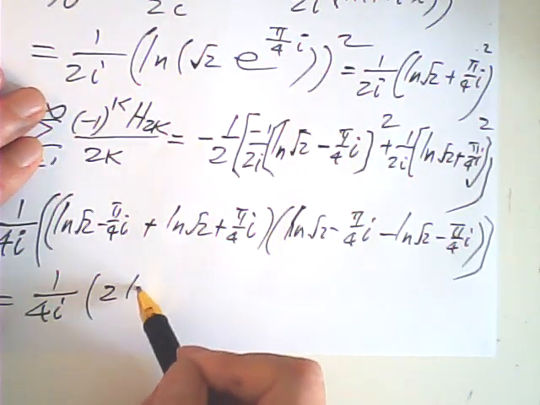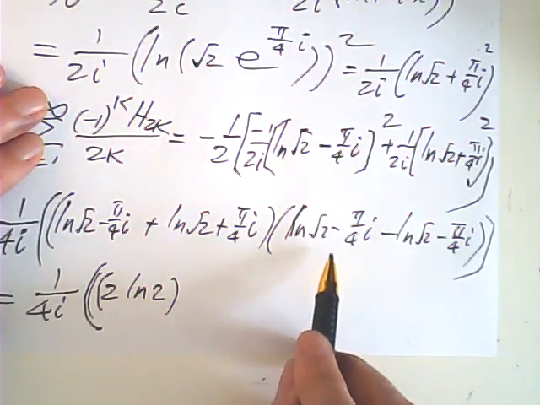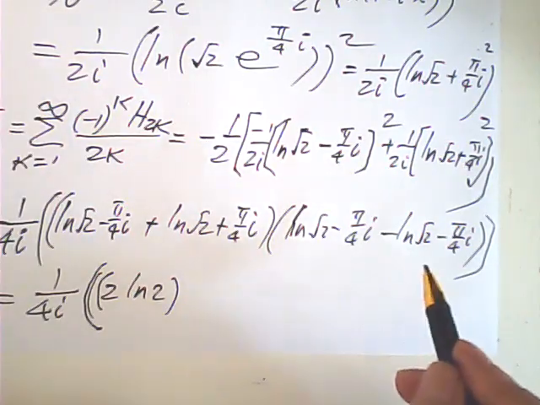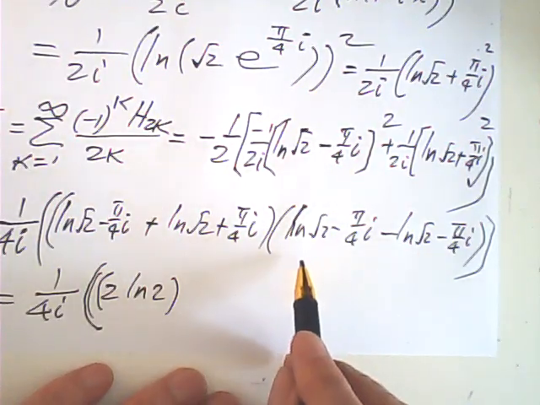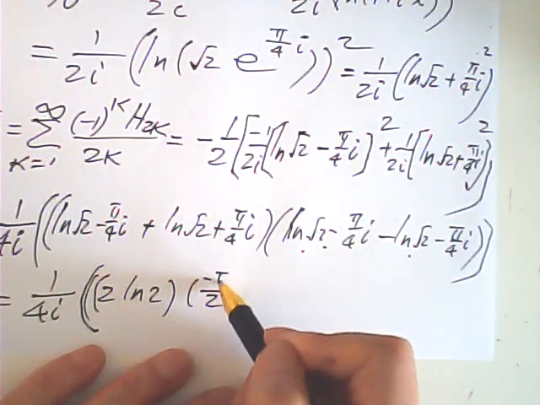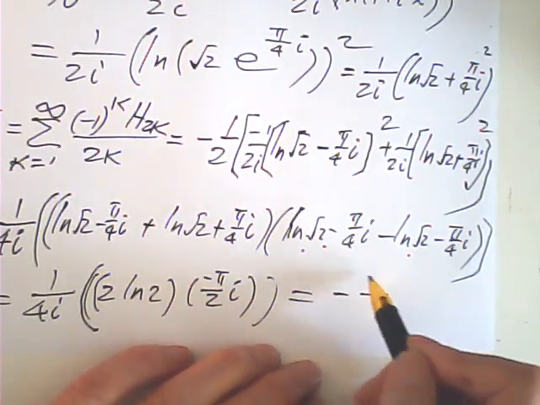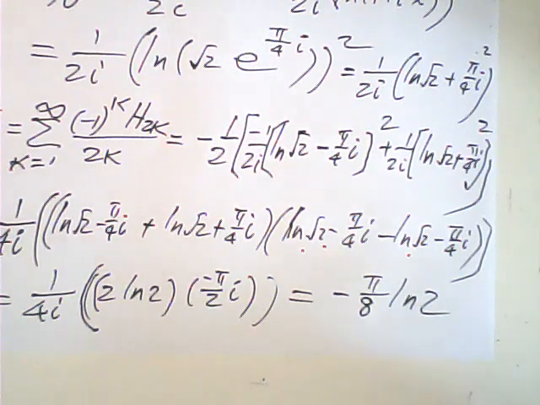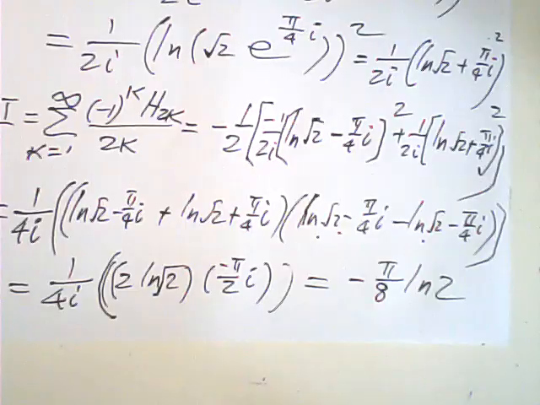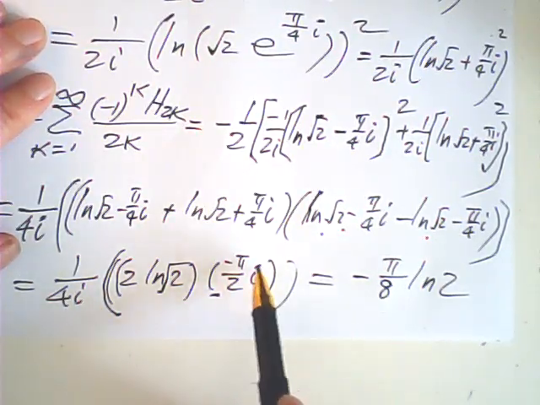So it ends up with 2 log 2 multiplied by this, which will be half pi. This cancels out to half pi, negative, so it is negative pi over 8 times log 2, and the i cancels out.